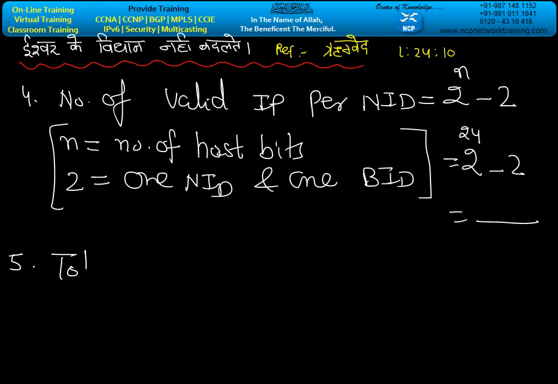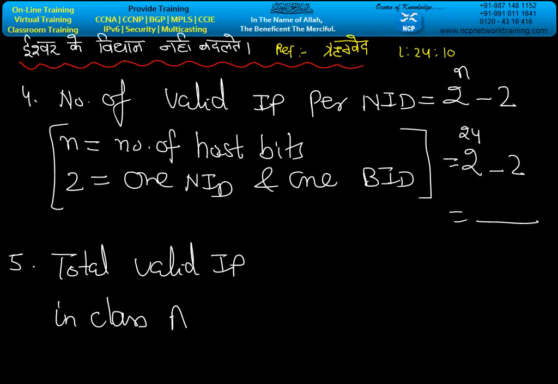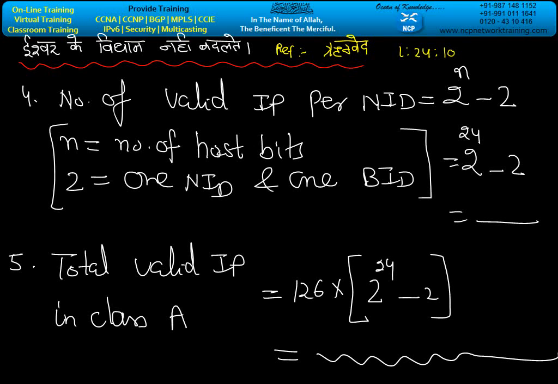Step number 5. Total valid IP addresses in class A will be 126 multiplied by 2 to the power 24 minus 2, and the output will be the total valid IP addresses in class A. So in class A, we can make only 126 NIDs, and each NID contains 2 to the power 24 minus 2 valid IP addresses, and the total valid IPs in class A will be the multiplication of the total NIDs and the valid IP addresses per NID.